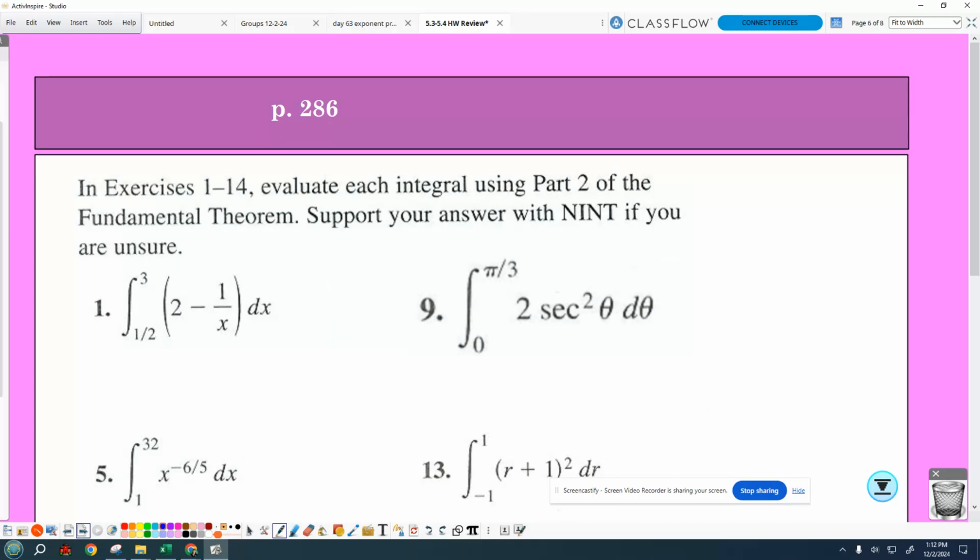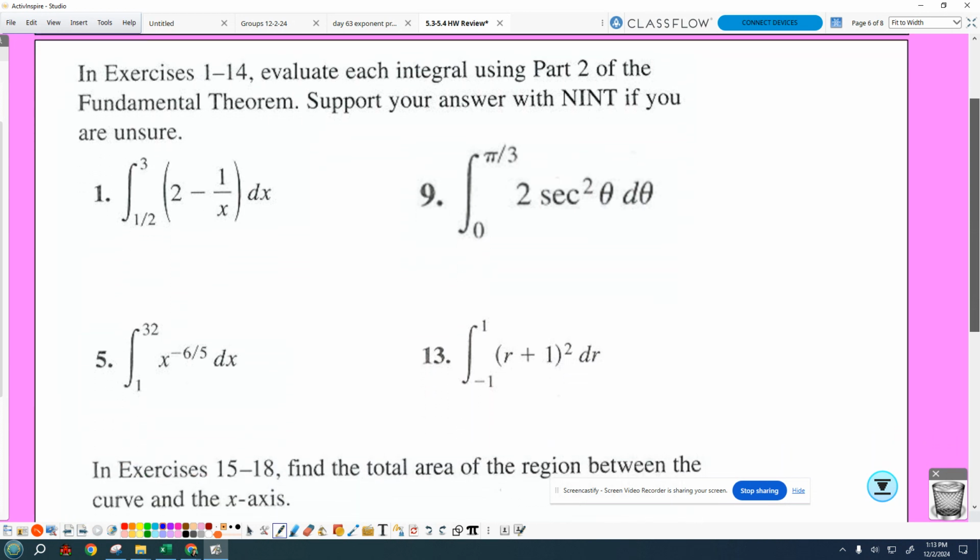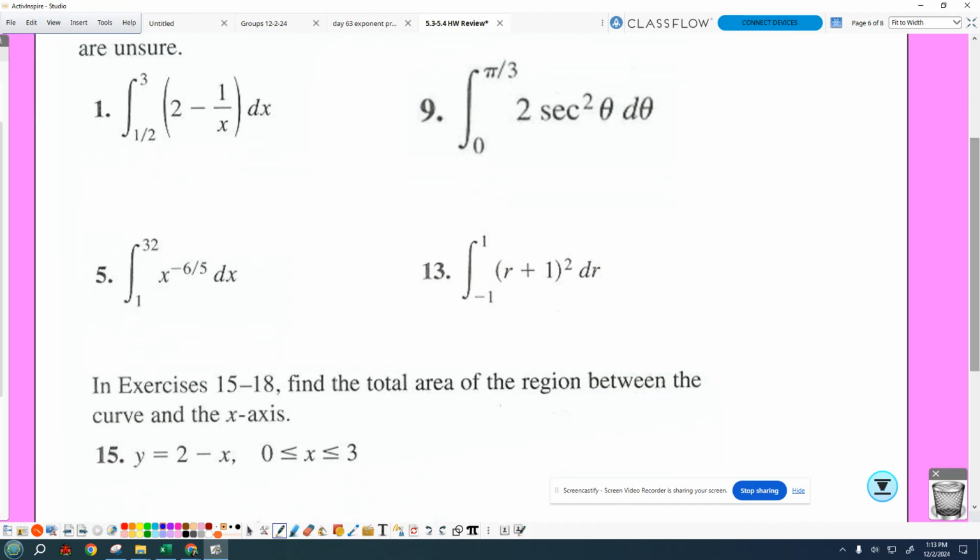Oh, this has to be 2 minus 3 pi over 3. Whose derivative is secant squared?